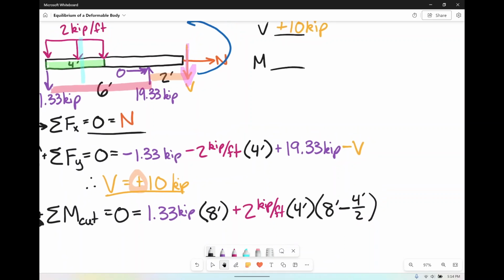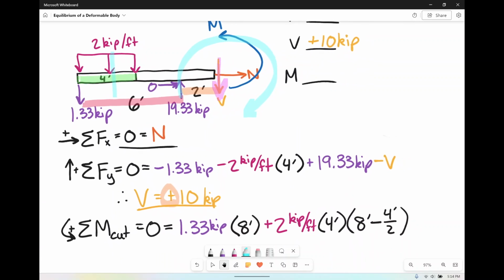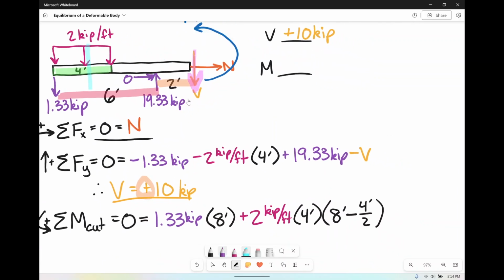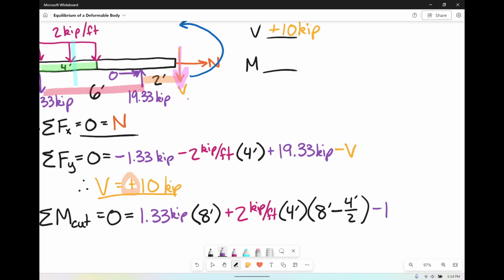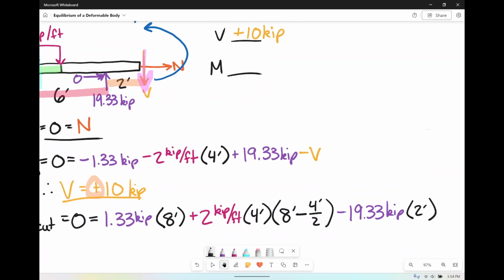But anyway, moving on. Next we've got our BY, and BY is going to be going this direction around, which we said negative. So this one's going to be minus our 19.33 kips times his distance of only 2 feet on over to the cut.